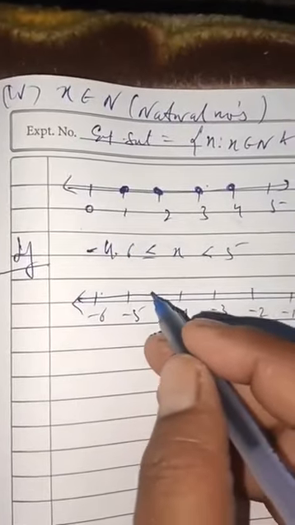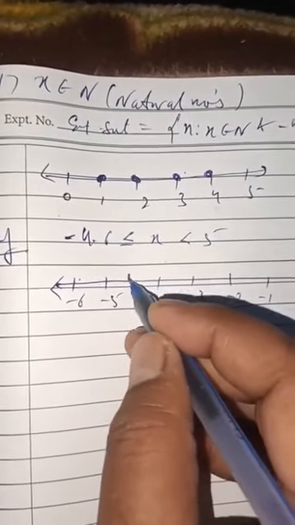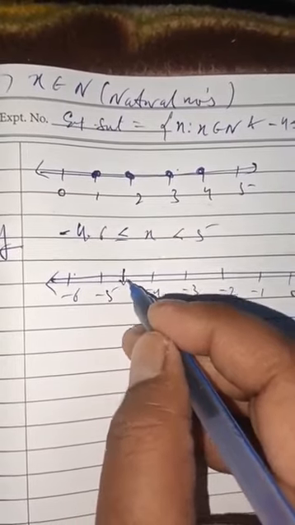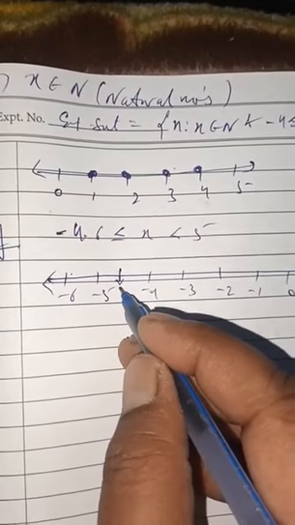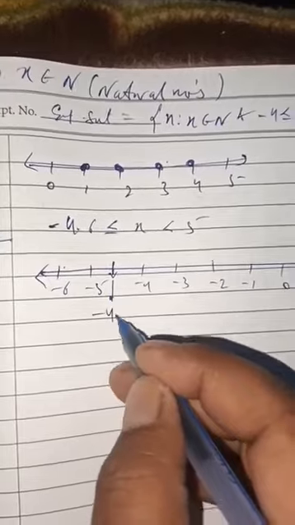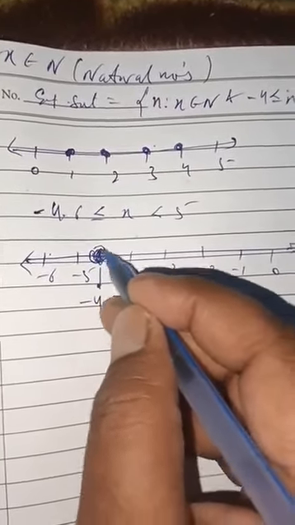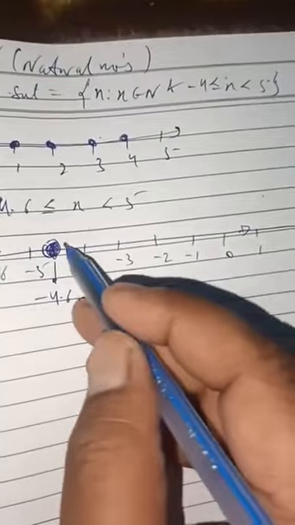Okay, so then we have to mark a line over here, and it should be written there, minus 4.6 should be written there. Then make the circle, dark the circle, then make a circle on 5 and then shade this line.